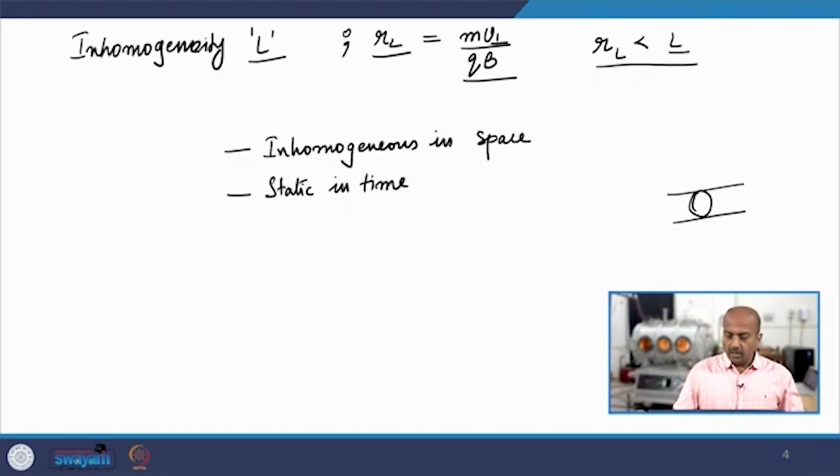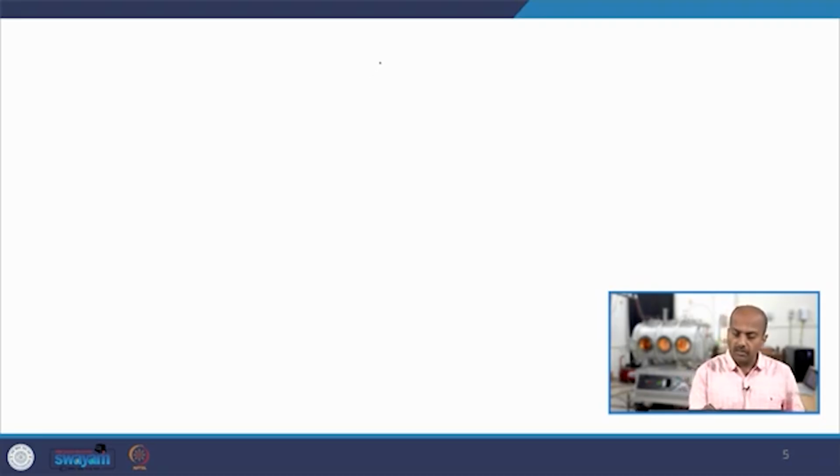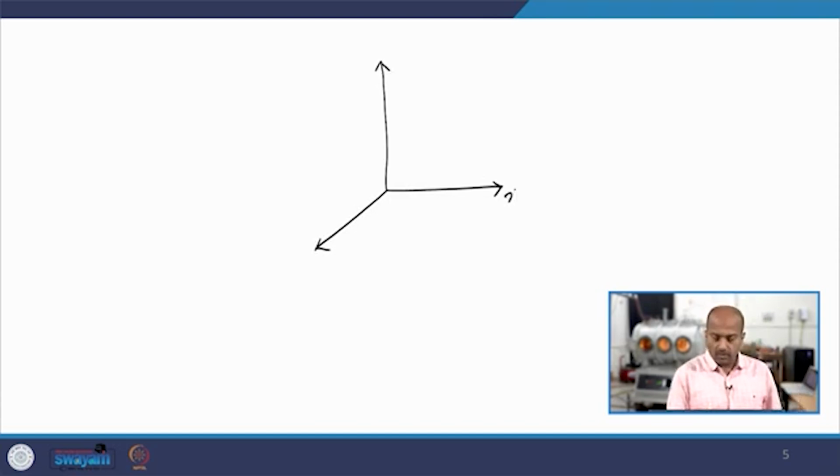So, let us consider a coordinate system, and with that reference, we can see how the magnetic field can be described. So, this is your choice of coordinate system. So, you have x, y and z, and now you consider the magnetic field to be changing like this, so let us say these are the magnetic flux lines.